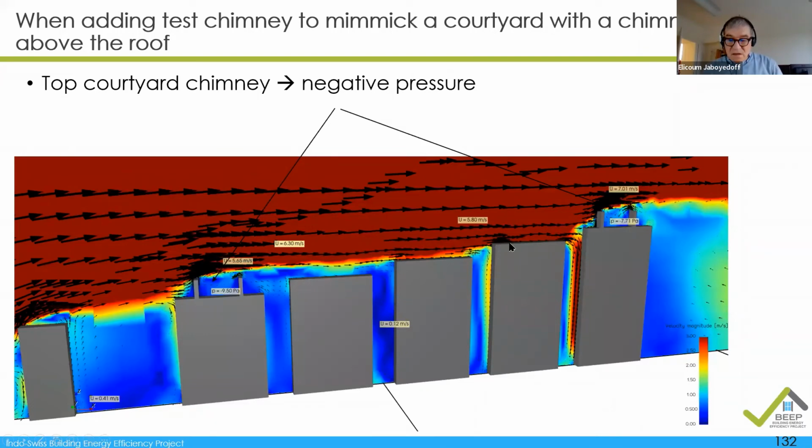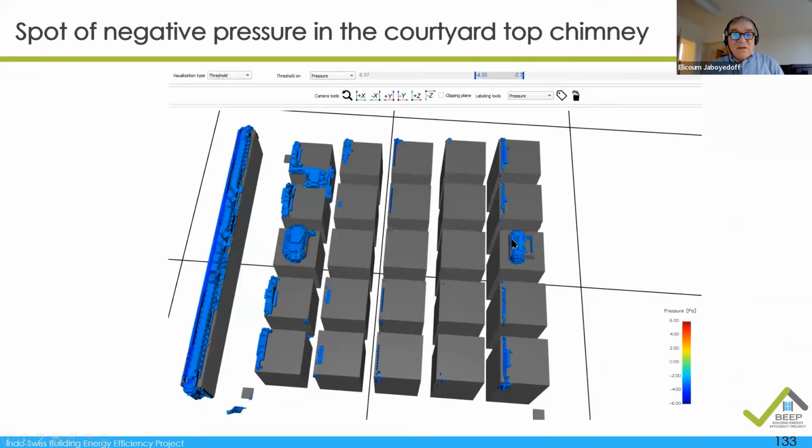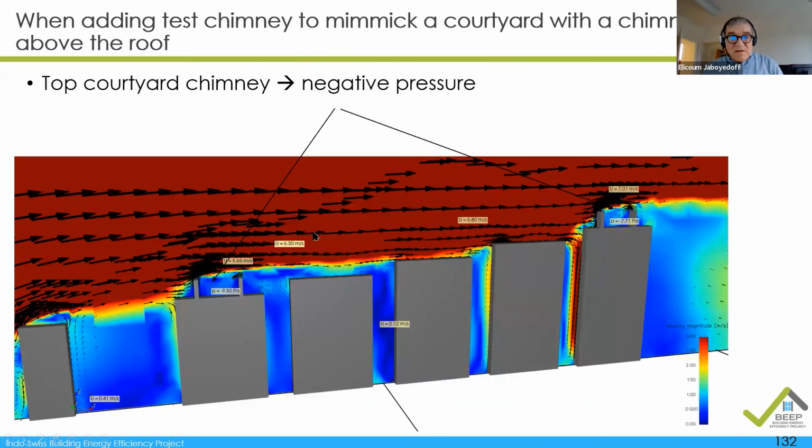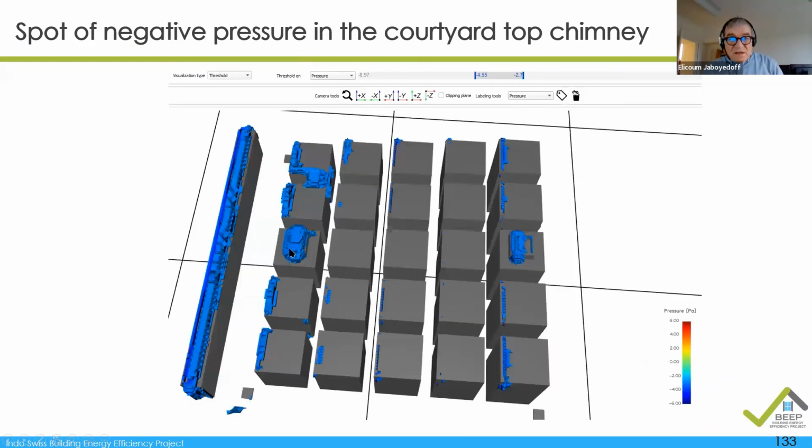With the threshold, if we look at between 4.5 and 2.7 negative pressure, we can see that where we have placed the two courtyard top chimneys, there is this pocket of negative pressure that you don't get on the other roofs, which are not equipped.